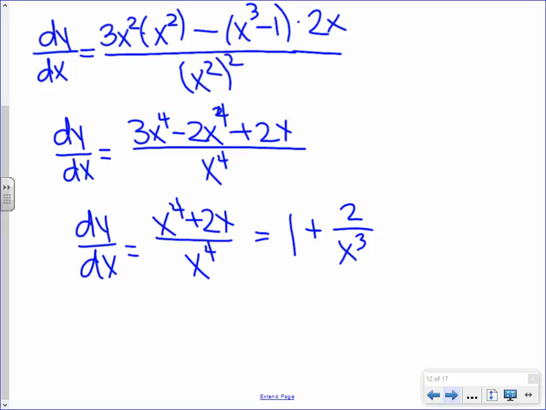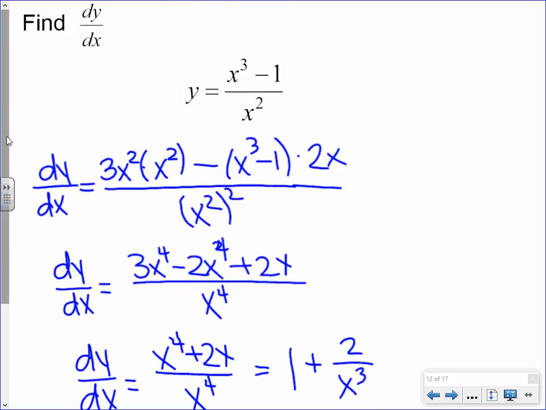Now, Cole said, couldn't we just use the power rule? Let's talk about what we would do if this was a question on our quiz from yesterday. What would you do?